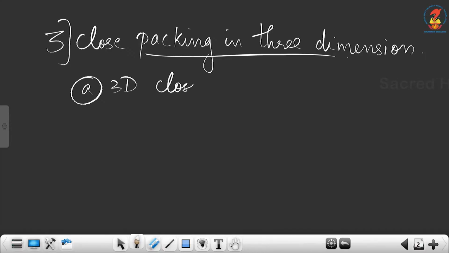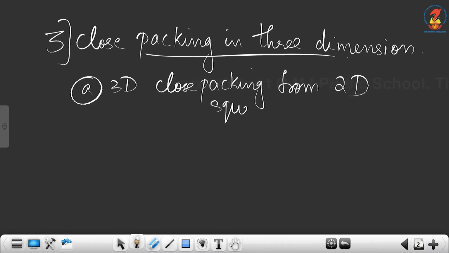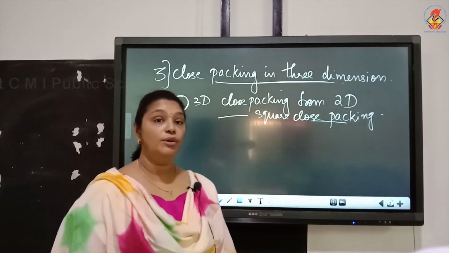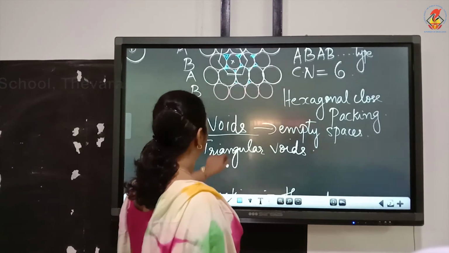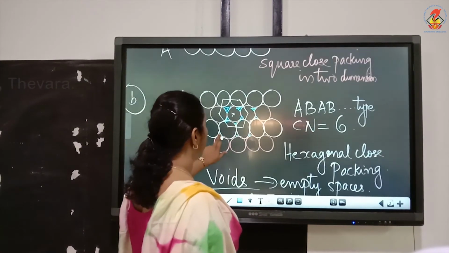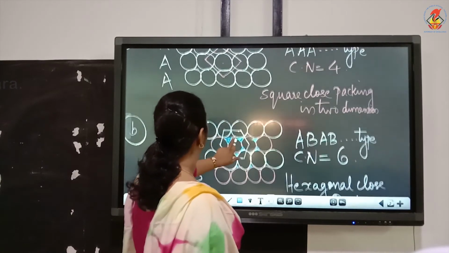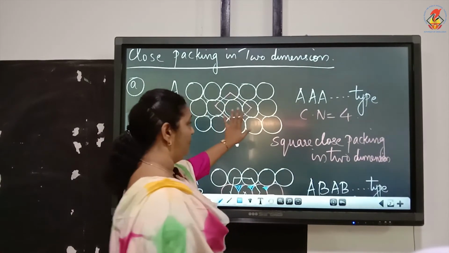So, let us first see 3-dimensional close packing from 2-dimensional square close packing. Now, here you know how a square close packing in 2 dimension takes place. This is our square close packing in 2 dimension.